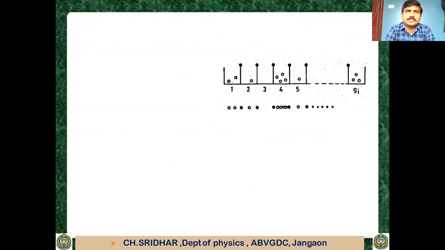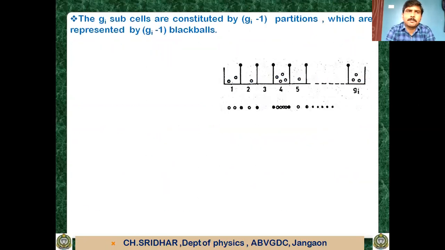So this figure gives the picture of the cells and particles. The black dots represent the partitions, and those partitions give the cells, and we may have the particles in the given cells, which are indicated by Gi. So the Gi subcells are constituted by Gi minus 1 partitions, which are represented by Gi minus 1 black balls.